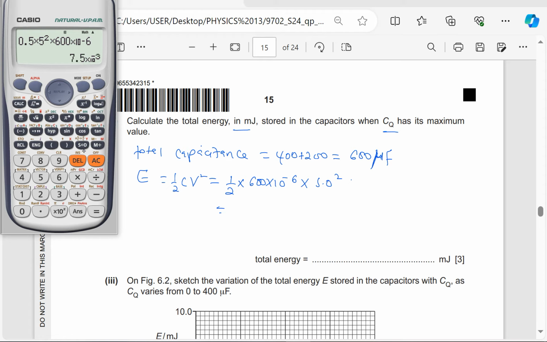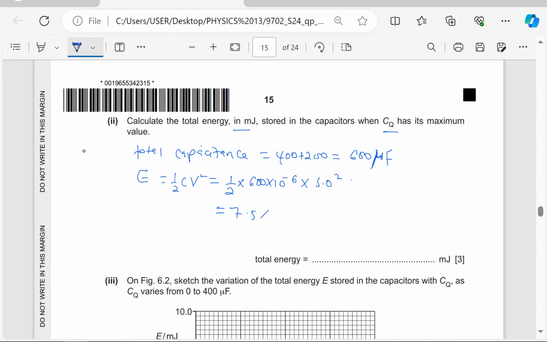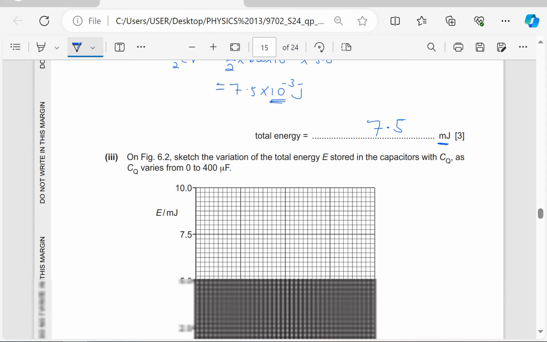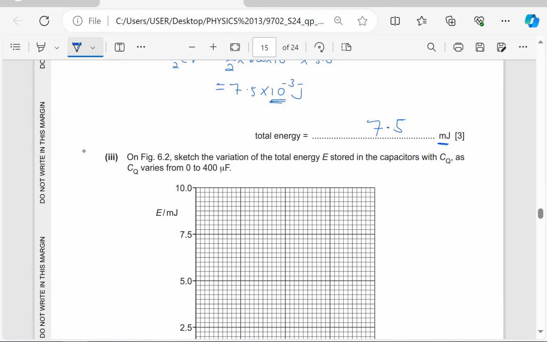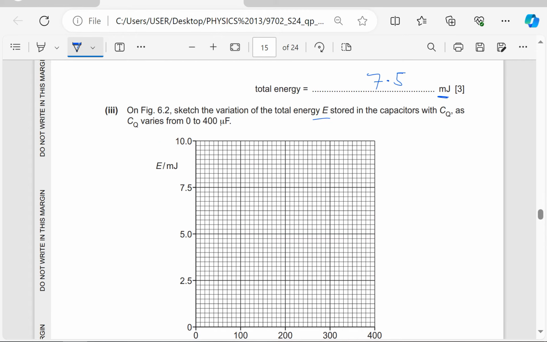So this is 7.5 times 10 to the power of minus 3 joules. But here they want the answer in millijoules. So 10 power minus 3 is in millis. So I'll just write here 7.5.